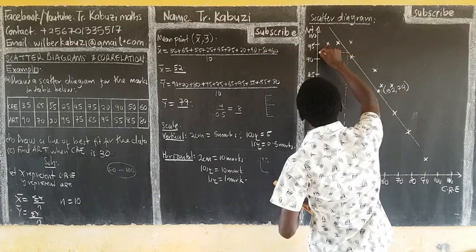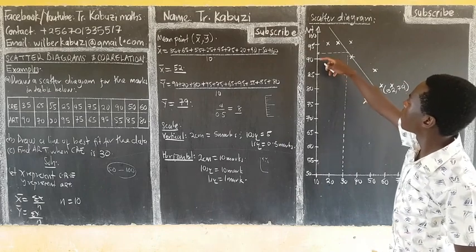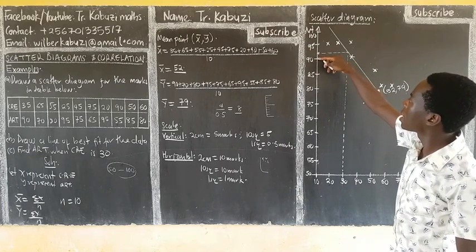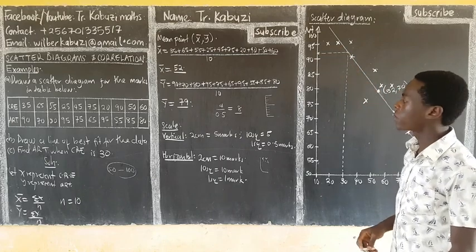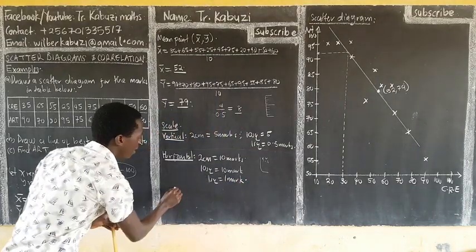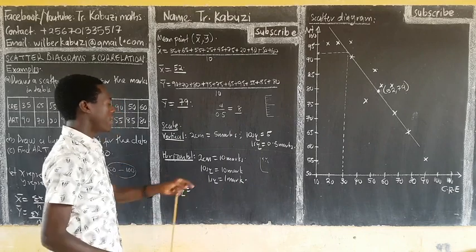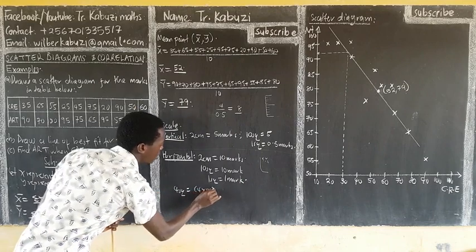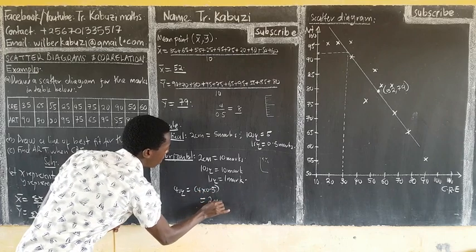So now I read off this value. What you need to do, you just need to count how many small squares are here. When I count, here I'm having 1, 2, 3, 4. So there are 4 small squares. But each small square is 0.5. So 4 times 0.5 will give us 2 marks.